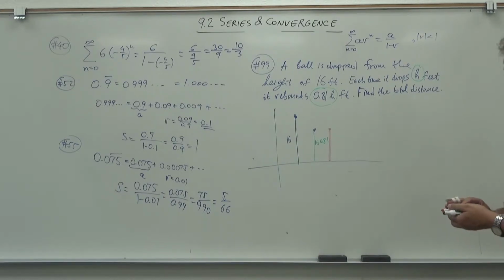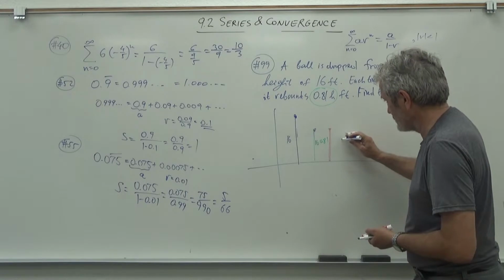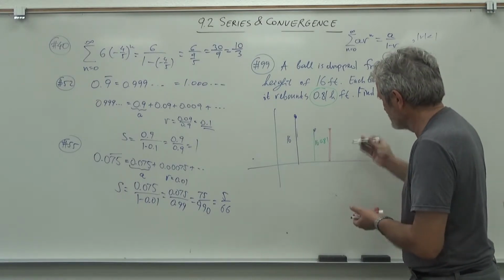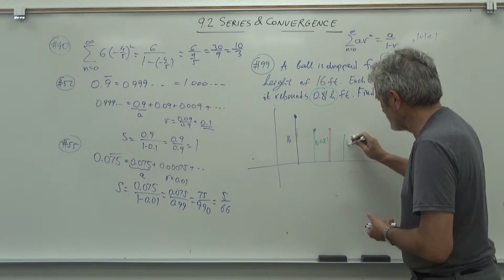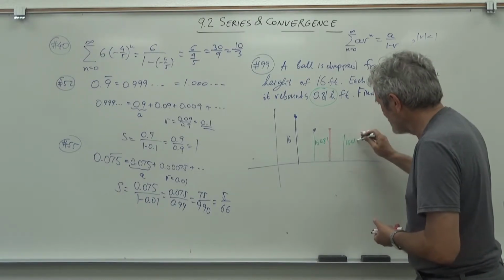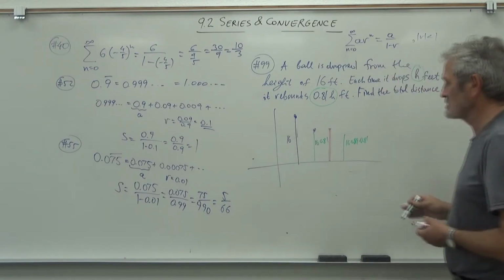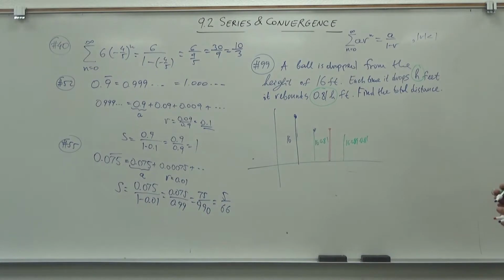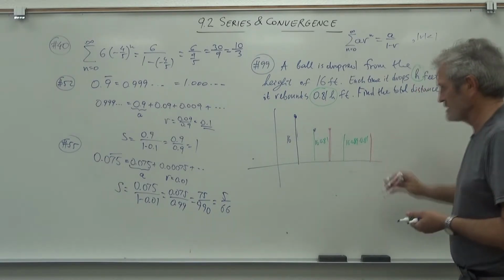And what happens after that? Then 0.81 of that red goes up to the green. So in that green you have 16 times 0.81 from the previous time, times another 0.81. So it's always 81% of what it was before, like radioactive decay. And then we go down the same distance.